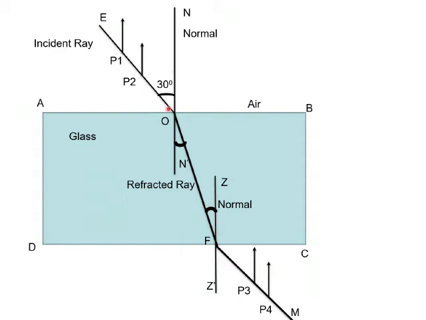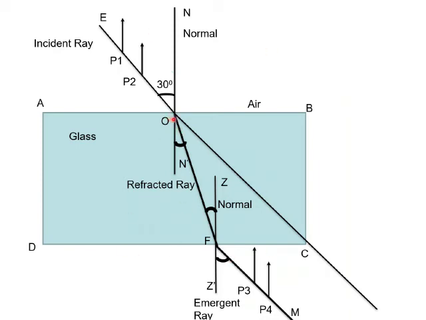So these are the angles that we have received after drawing this normal Z, Z dash. This ray, that is OF, will be called the refracted ray. Here we have another ray, that is FM. This ray FM is called the emergent ray.